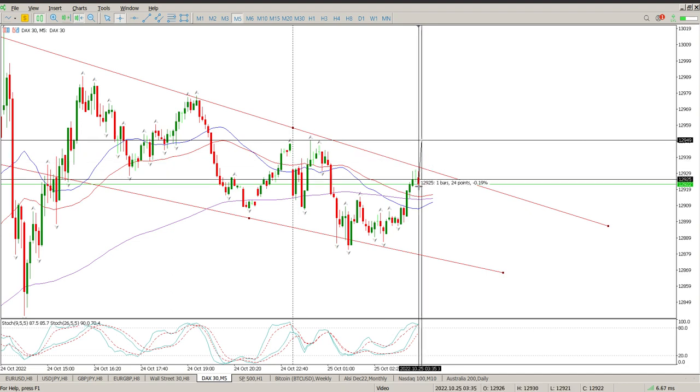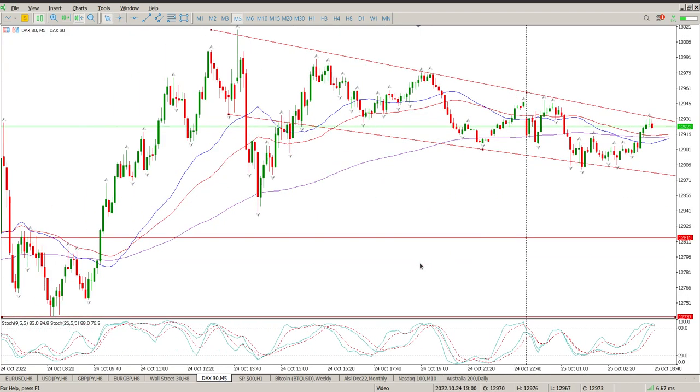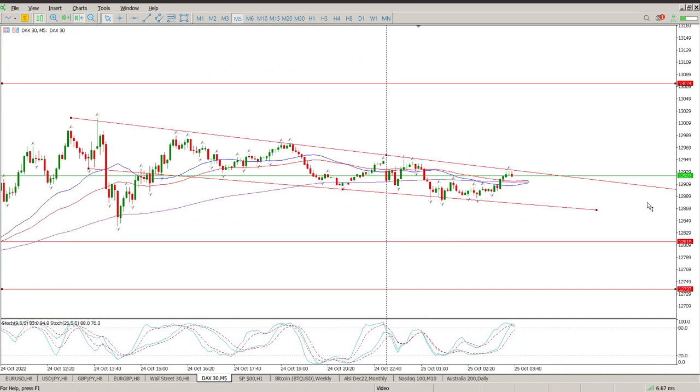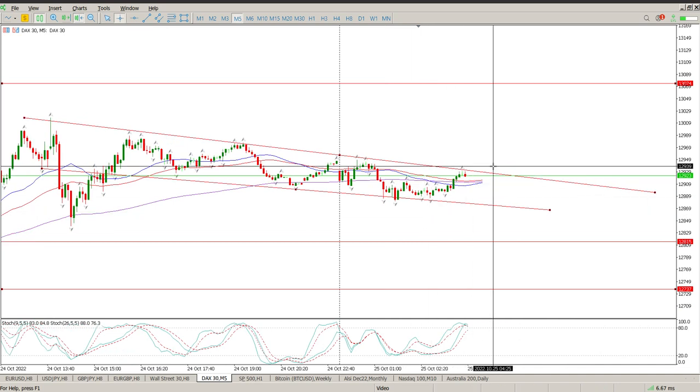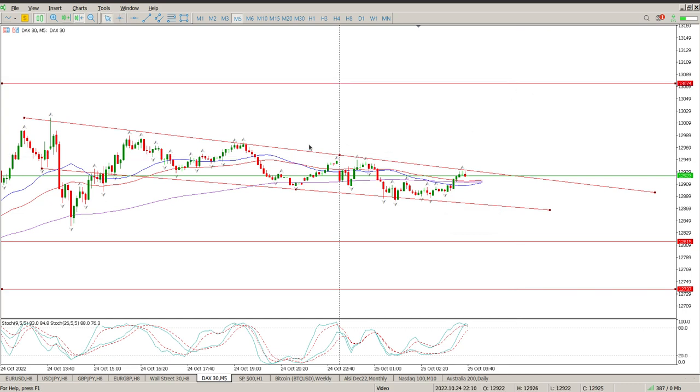You'll have an opportunity for a long. You can have a 77 point stop loss for a 116 point gain, because you're looking for 13,075.